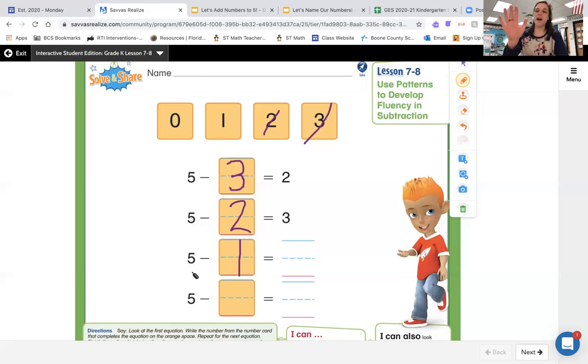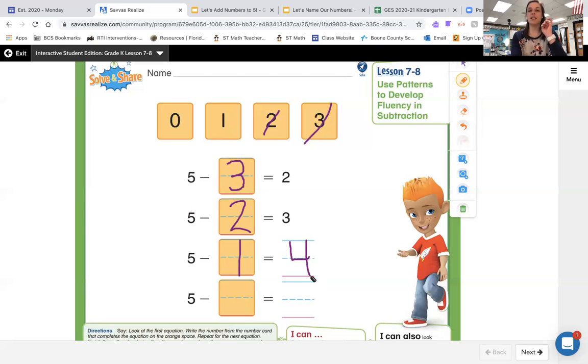If I have 5 take away 1, I have how many left over in my other group? 1, 2, 3, 4 left over. But look up top. 4 is not one of our number tile options, but it's an answer. So let's write our 4 right here.